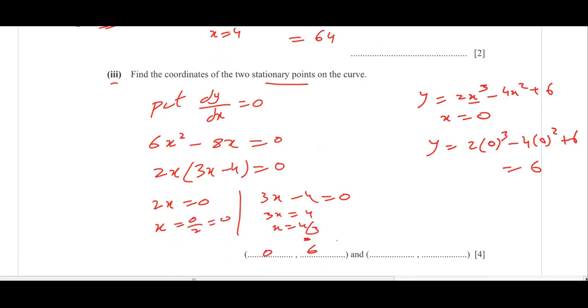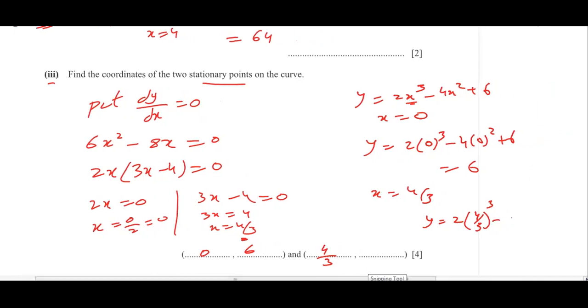Second point, as x is 4 over 3. So when I put x is equal to 4 over 3, what will this become? It will become in this way: y will be equal to 2 into (4 over 3) cube minus 4 into (4 over 3) square plus 6.